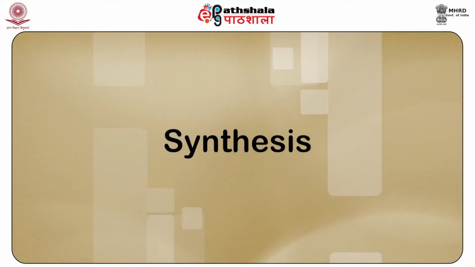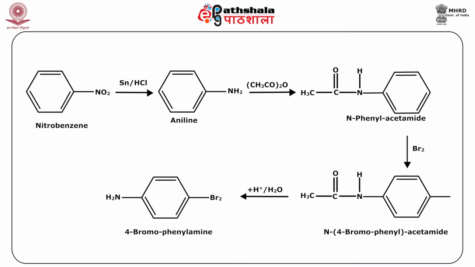Looking at the synthesis, 4-bromophenylamine can be made in 4 steps starting from the simple reagent nitrobenzene as discussed in the retrosynthetic approach. Nitrobenzene is reduced to aniline using tin HCl as a reducing agent.